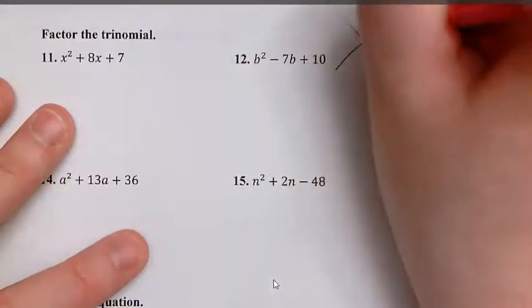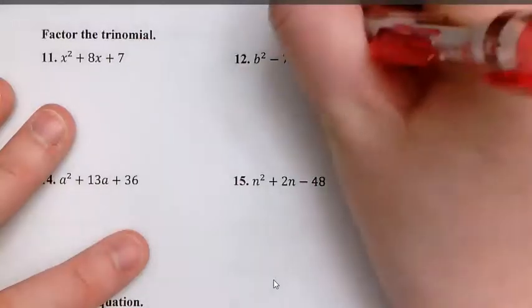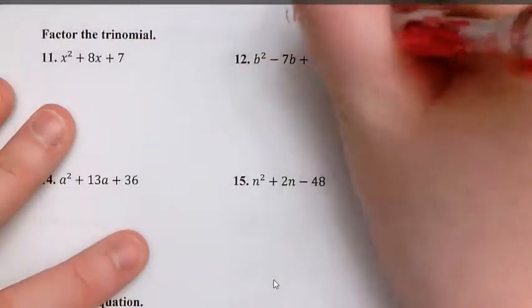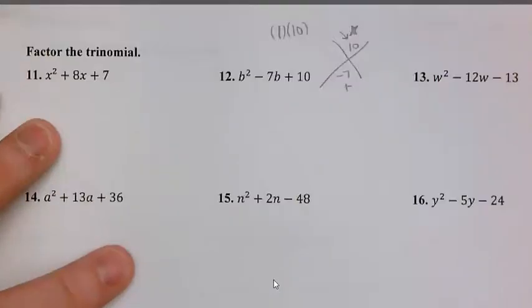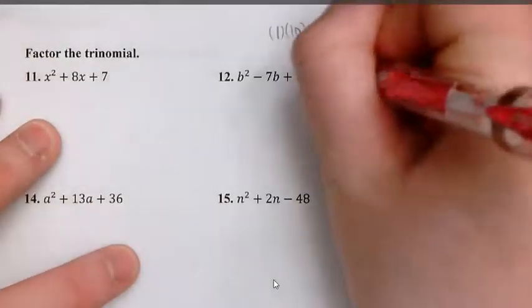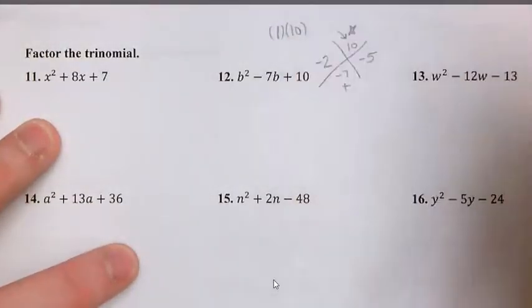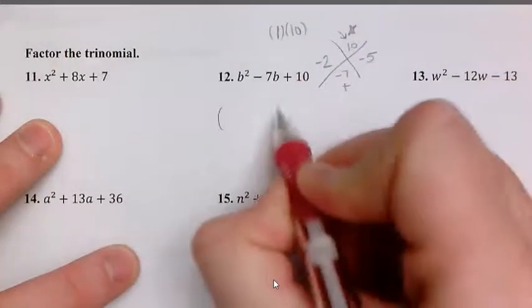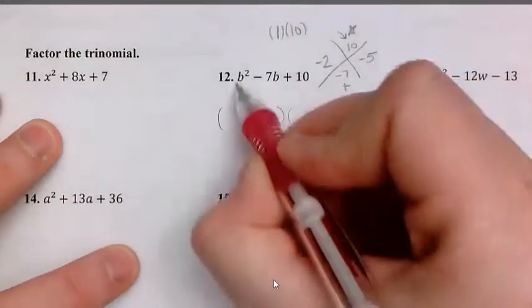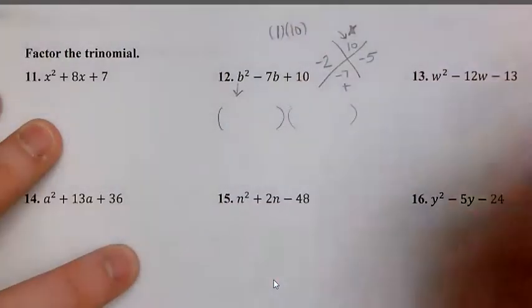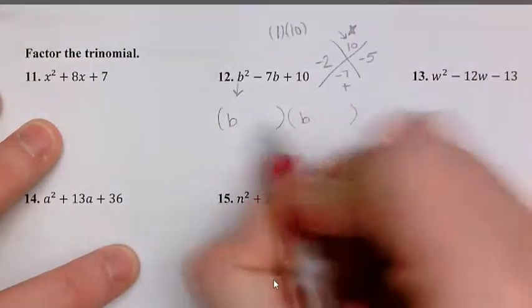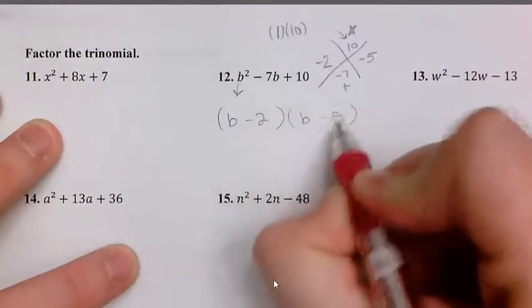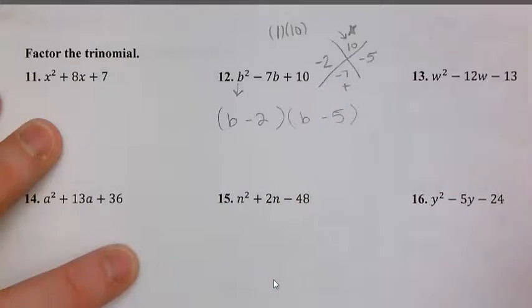So this would be 1 times 10, which gives you 10, and it must add to negative 7. So what factors of 10 add up to negative 7? Negative 2, negative 5. So doing broker's method, whatever's in the front comes down, in this case the 1 and the b, no squaring. You just put b's, and then you put minus 2 and minus 5. And that's it. So we're going to jump down to 15.